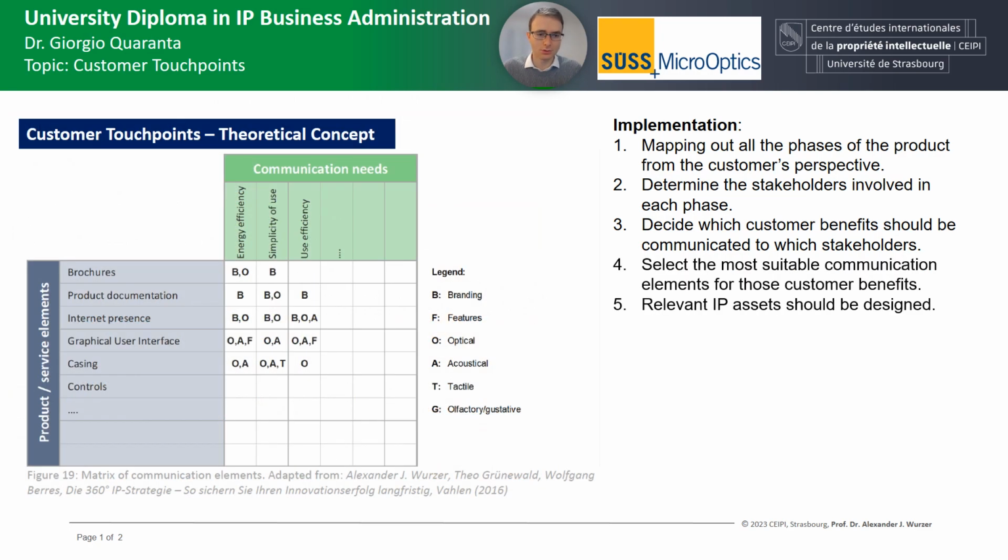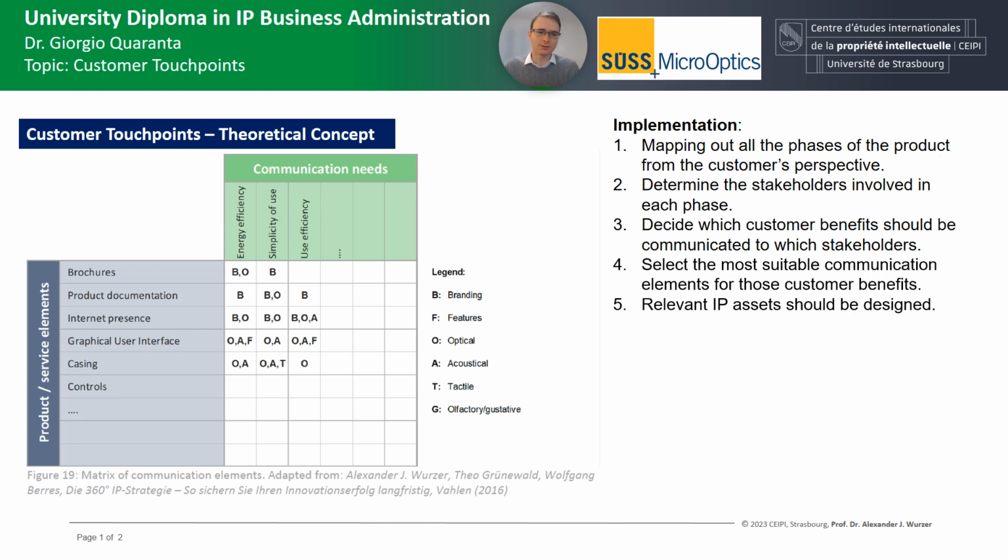So we need to see what are our communication, product or service elements that we use to communicate. That can be, for example, a brochure, or if we have a web interface, how the graphics look, how the interaction on this interface looks. If you are selling a physical product, we need to see how the casing of this product looks, how the packaging looks.